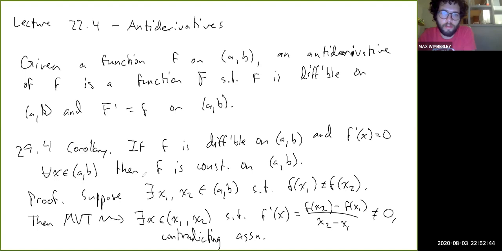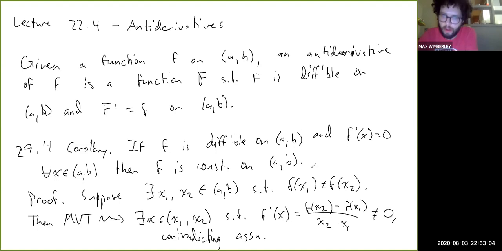So notice that we're using something we know about the derivative, a statement that we know to be true on the entire interval, to conclude something about the values of the function itself. We're doing that via the mean value theorem.